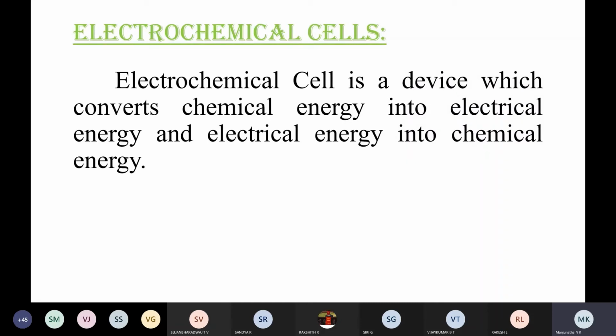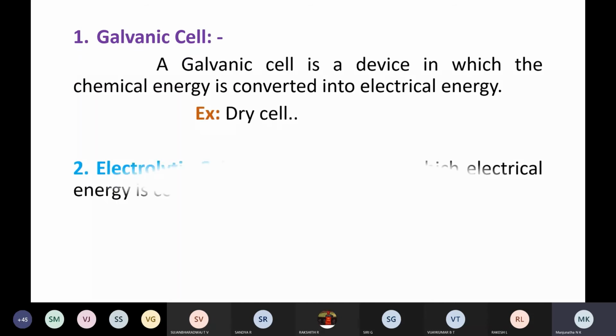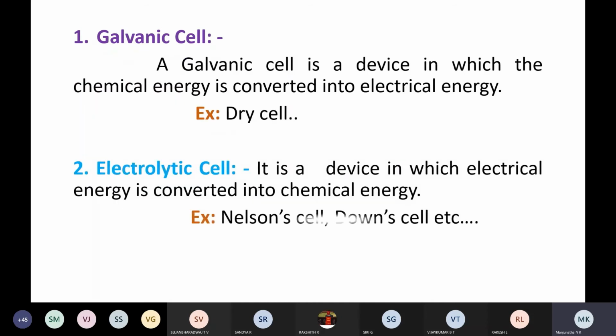There are two types of electrochemical cells. One is the galvanic cell and the other is the electrolytic cell. Coming to the first one, the galvanic cell is defined as an electrochemical cell in which chemical energy is converted into electrical energy.